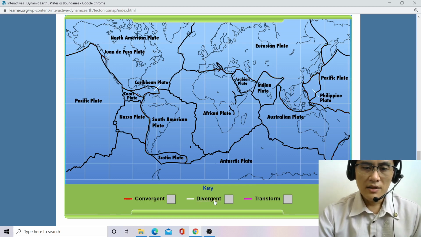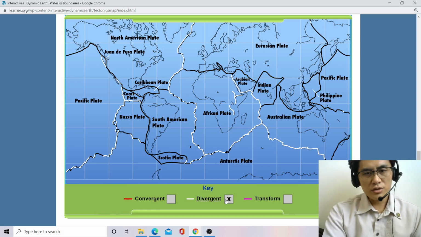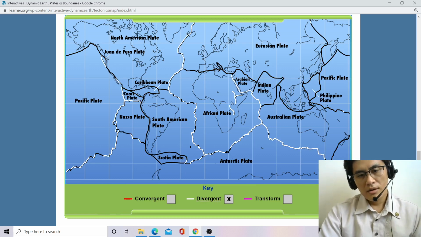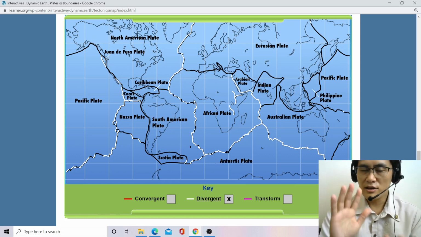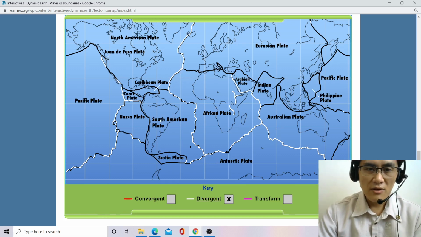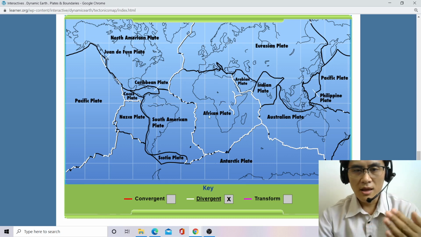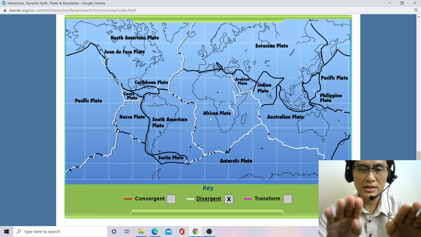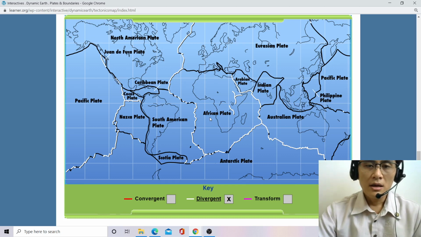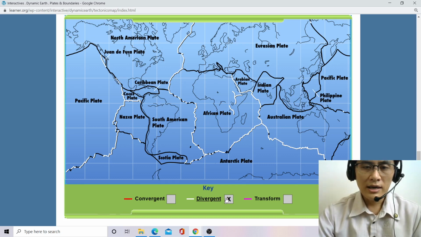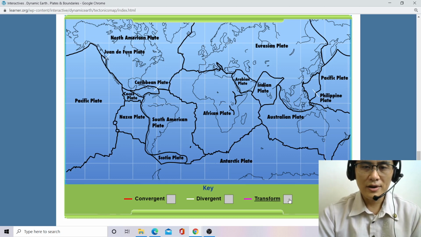And then divergent boundaries are those. There are a lot of them. Generally, the South American plate and the African plate are moving away from each other. Now, I can uncheck that and go to transform.